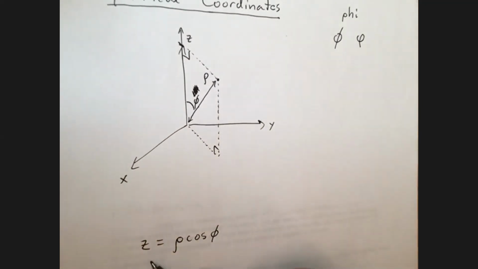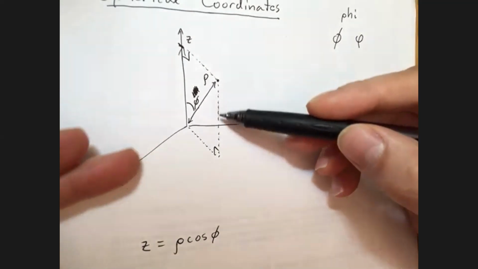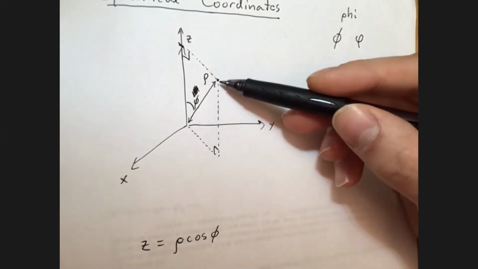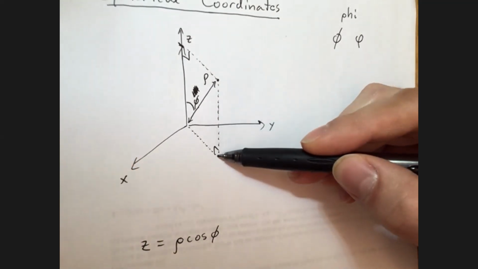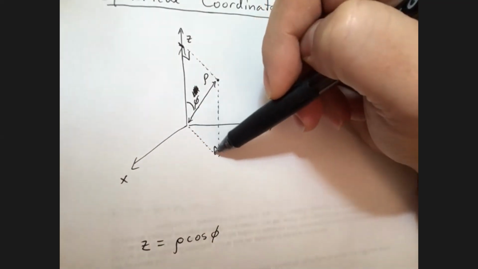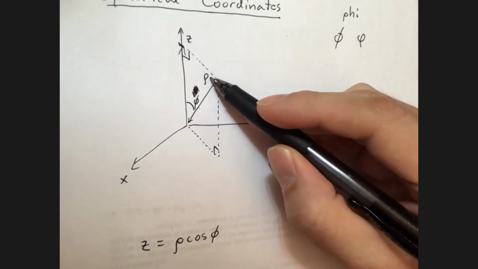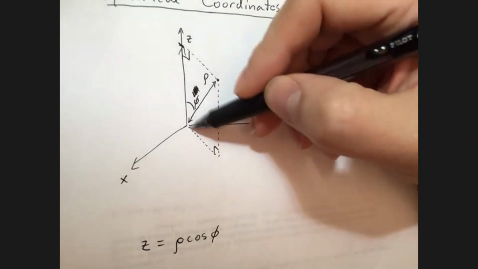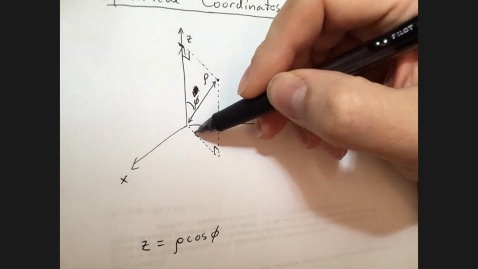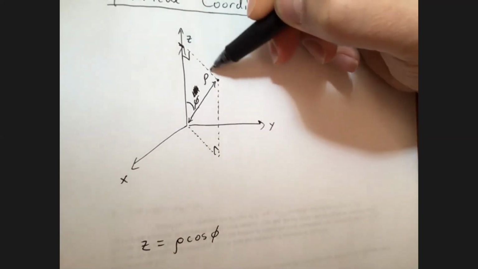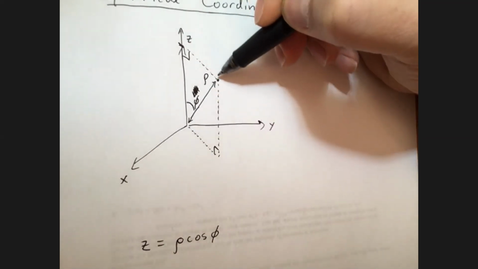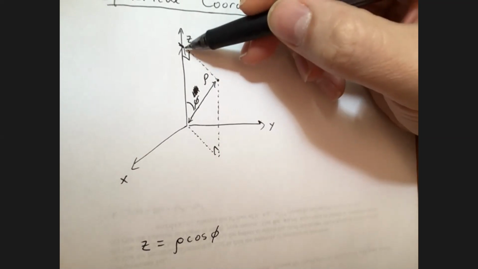Now, how do I get x and y? Well, we have to go down to the xy plane. All right, so now project this thing down into the xy plane, and let's look at this line here. If this distance is rho, then what's this distance? Well, that's the same as this distance up here. Well, that's rho sine phi.